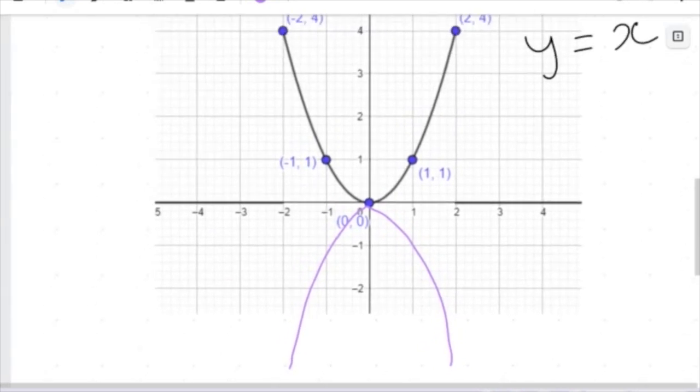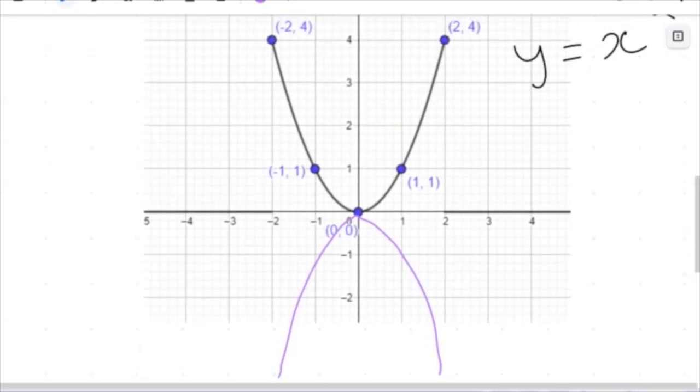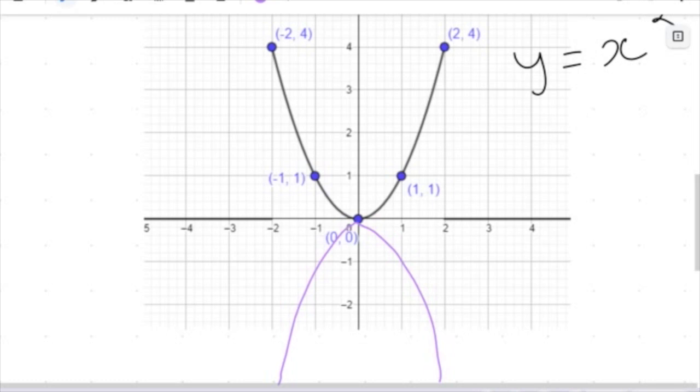Now here we have reflected all of our points. If you notice, this point here is reflected perfectly down here, so that point becomes -1, -1. And this point here gets reflected down here. The vertex of my parabola, or my turning point, is right on my mirror reflecting line, so that point's not going to change.